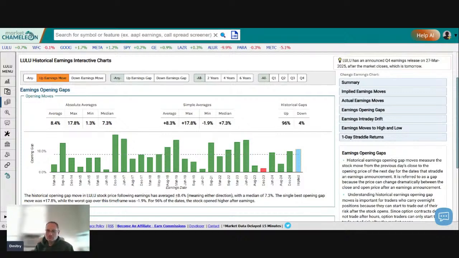Which is, you could see, very rare, but it's happened. So even if it opens up, there's a chance that the stock closes down on the day. Even if it closes down, there's a chance that the stock could actually close up on a day. It's rare, but it's happened.